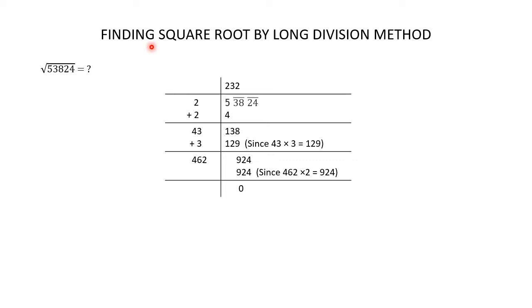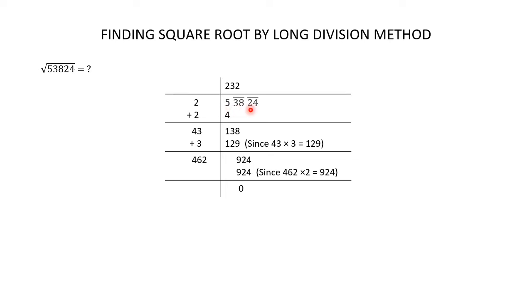Now let's learn how to find the square root by the long division method with an example. Find the square root of 53824 by the long division method. To find the square root of 53824, first you have to pair the digits from right side to the left side.